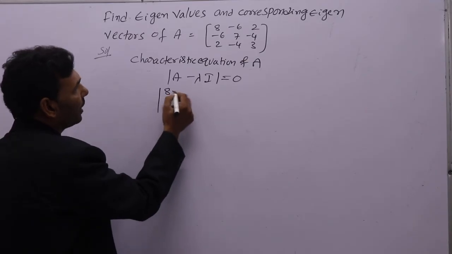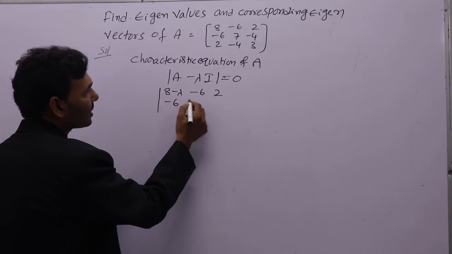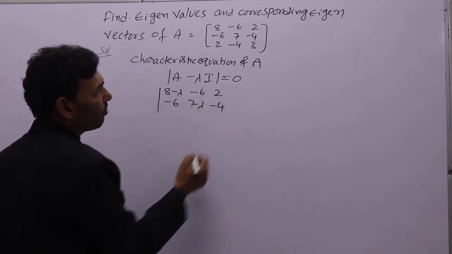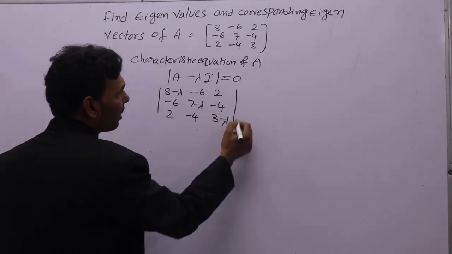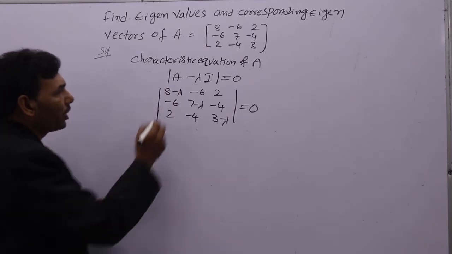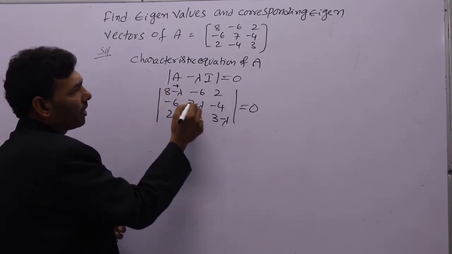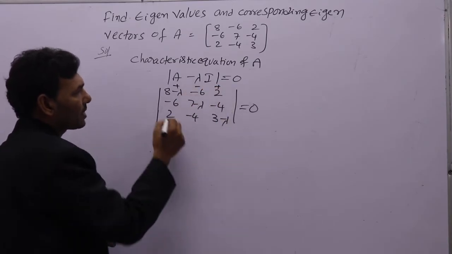The determinant has rows (8 minus lambda, minus 6, 2), (minus 6, 7 minus lambda, minus 4), (2, minus 4, 3 minus lambda), equal to 0. Now you would evaluate this determinant using cofactor signs, plus minus plus.